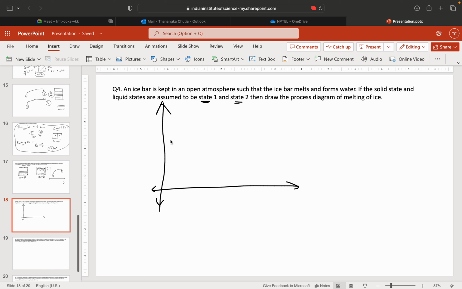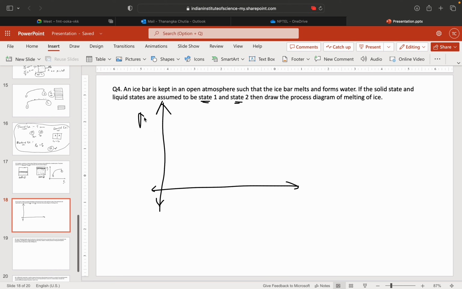If anything takes place due to a finite temperature difference, finite meaning that the difference of temperature is such that you can't neglect it, then that process is always an irreversible process. Same is the case if some work is taking place because of a finite pressure difference, then that process is also called an irreversible process.